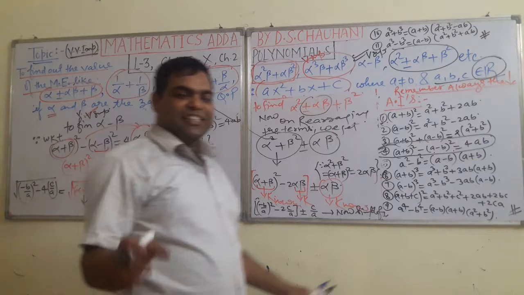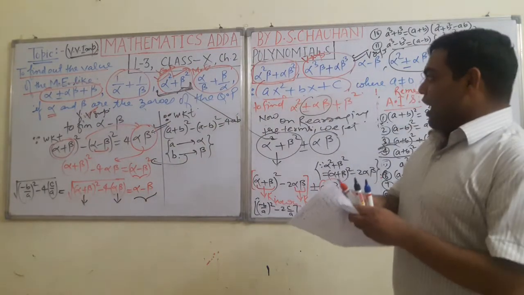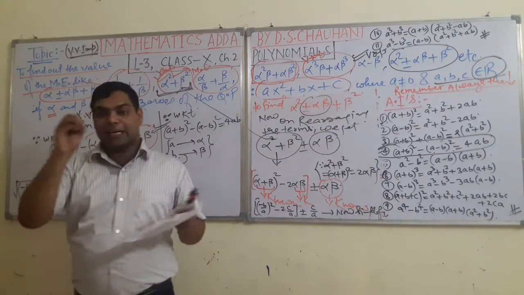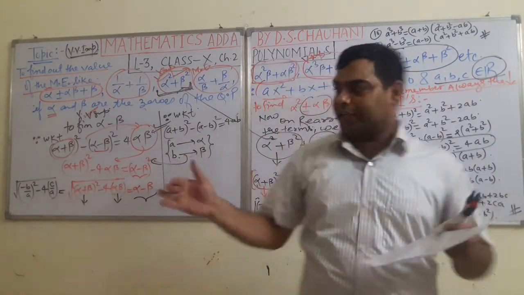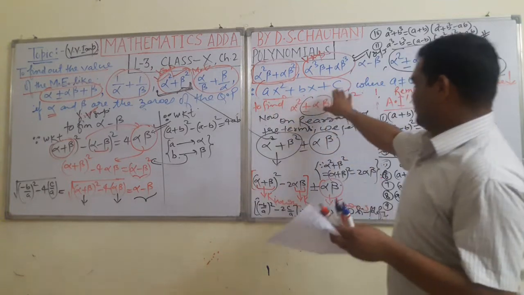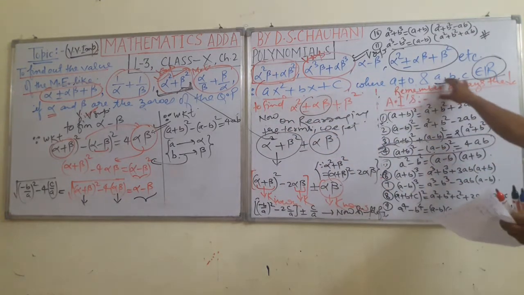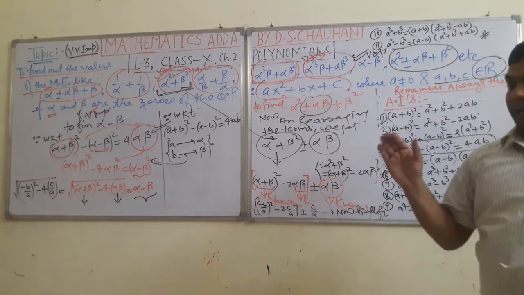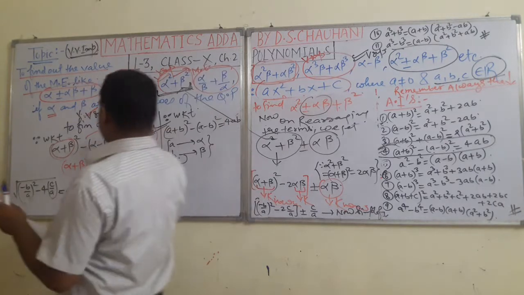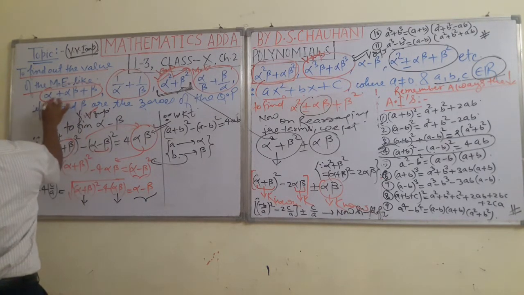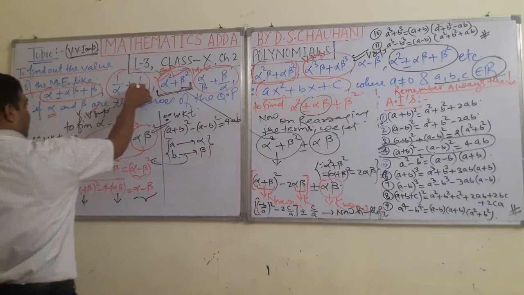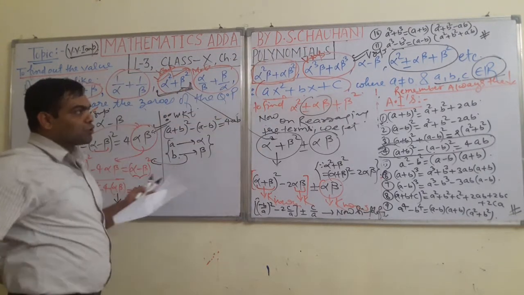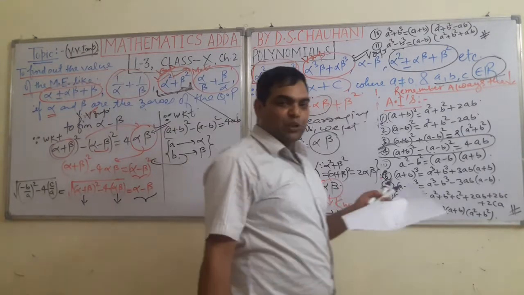So in this way, students, you have seen that if alpha plus beta and alpha beta, that is the sum of the zeros and product of the zeros of a quadratic polynomial ax square plus bx plus c, where a is not equal to 0 and a, b, c are real, are given, very easily we can find out the value of expressions like alpha plus beta, 1 upon alpha plus 1 upon beta, alpha square plus beta square, and likewise up to the last, alpha square plus minus alpha beta plus beta square.